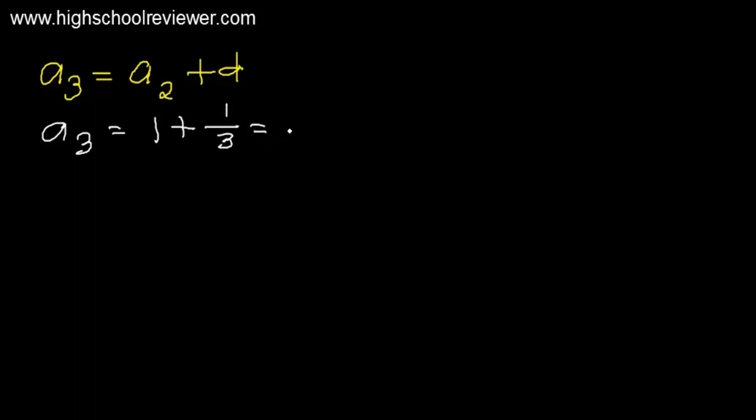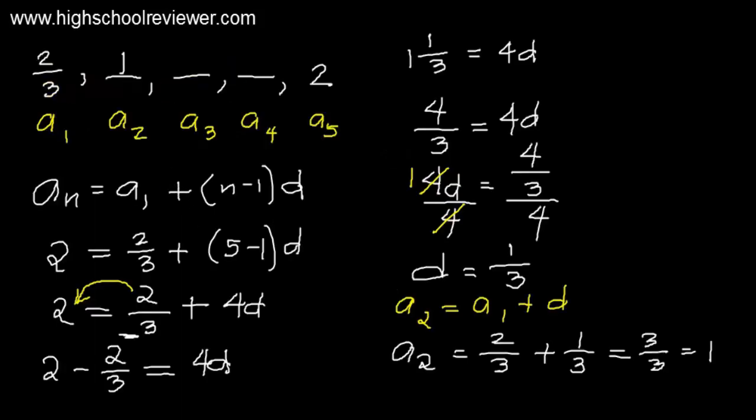So this is 1 and 1/3, or in improper fraction, 3 times 1 is 3 plus 1, that is 4 over 3. So again, our a sub 3 here will be 4 over 3.